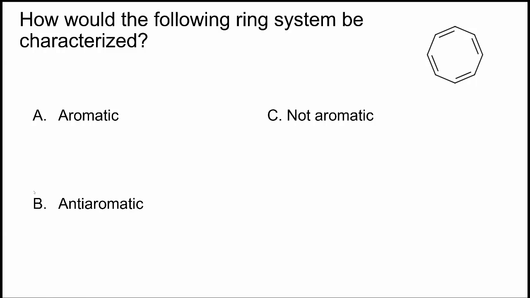That one is correct. We have our 4 pairs of electrons, which is even. It is cyclic and it's conjugated, so we have overlapping p orbitals, and then we have 4n equals 8 electrons, and where n equals 2. So that one is going to be anti-aromatic.